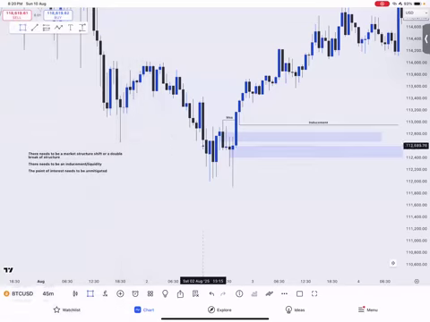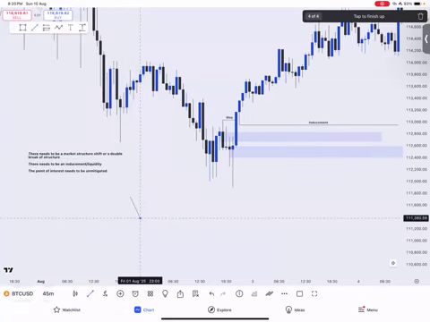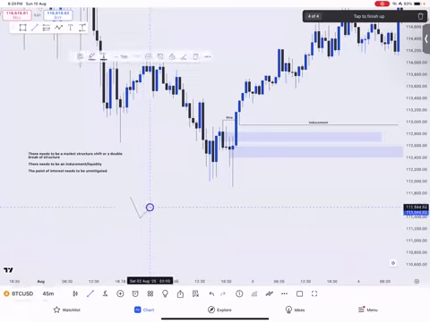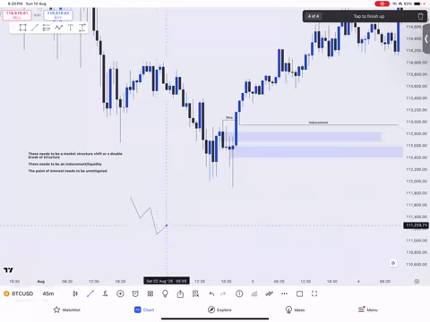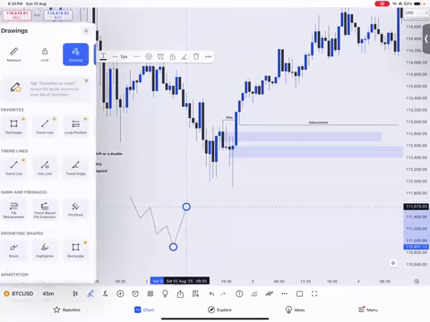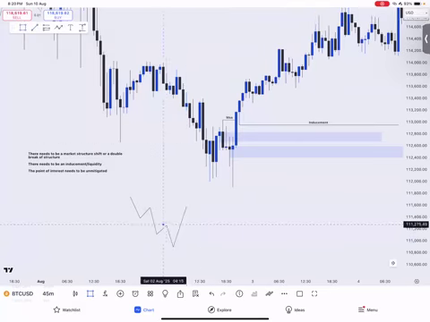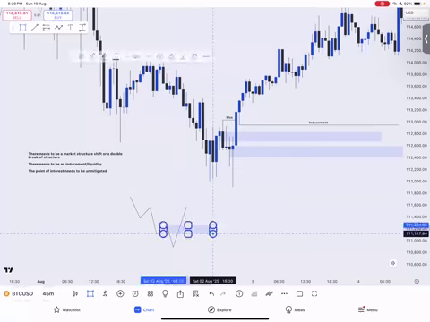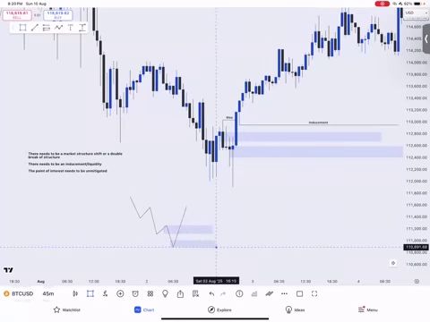Let's say we had the market giving us lower highs, lower lows, lower highs, lower lows, lower highs, lower lows. Then there happens to be a market structure shift. So right here we have a breaker, and down here we have an order block.